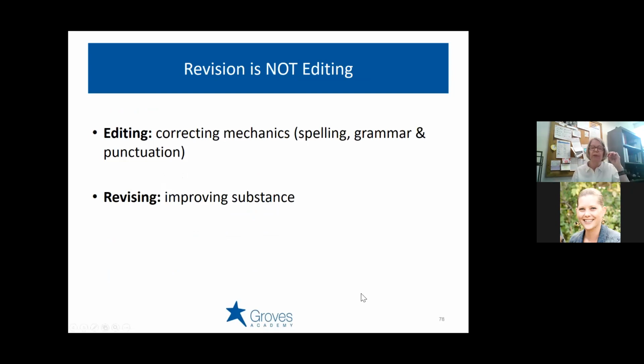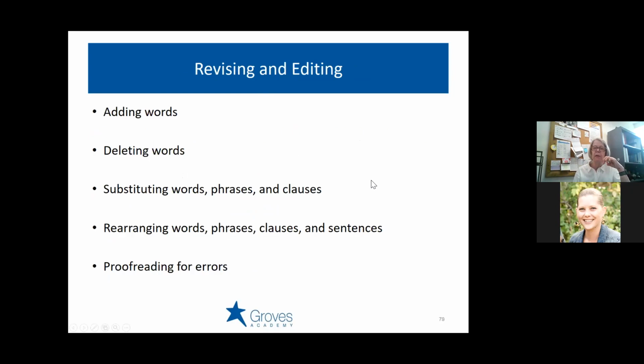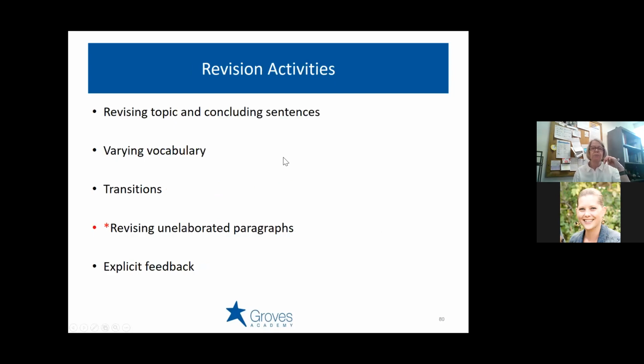And then revising is really important. Editing spelling and grammar is, sure, very important, but you want to teach students how to improve what they've written. The best way to do that is to look at words and ask, can you vary your vocabulary?